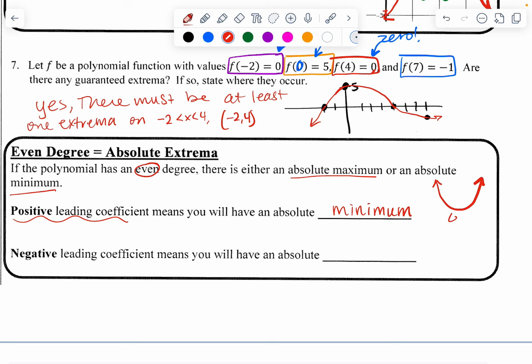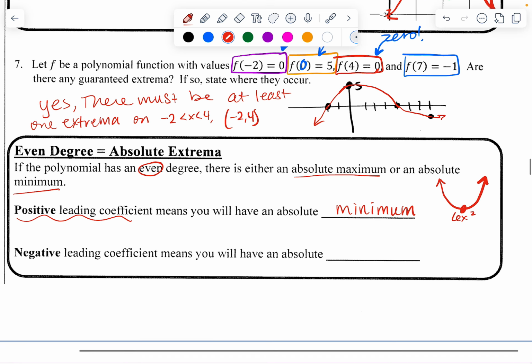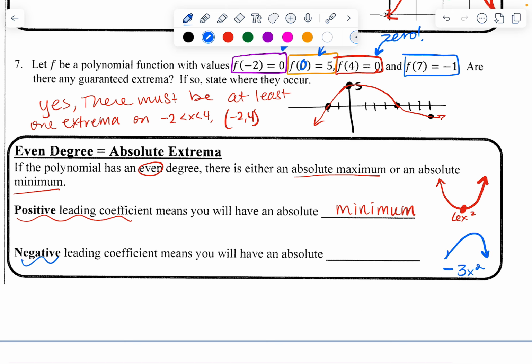This could be something like 6x squared, for example. This means that it has to have a lowest value, okay? If it has a negative leading coefficient, like a negative 3x squared, it's going to look like this. That means it has to have an absolute maximum.